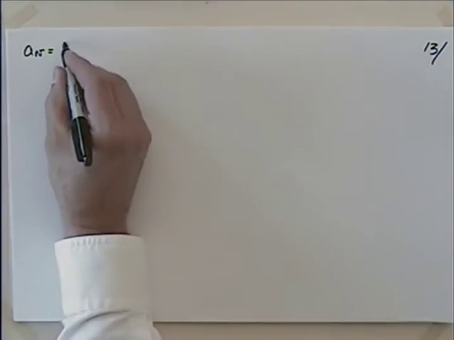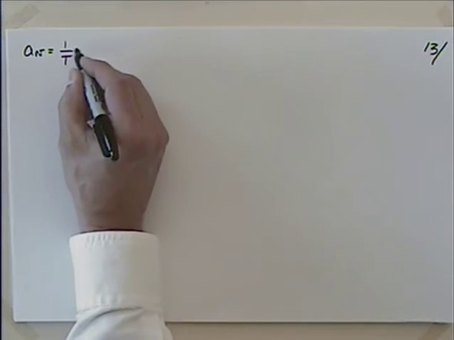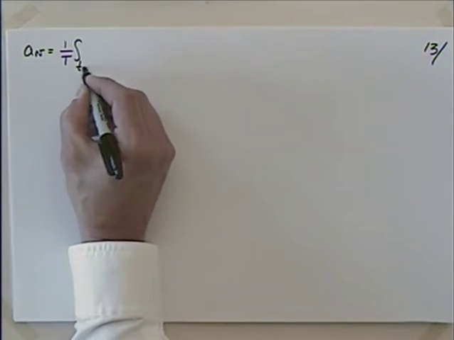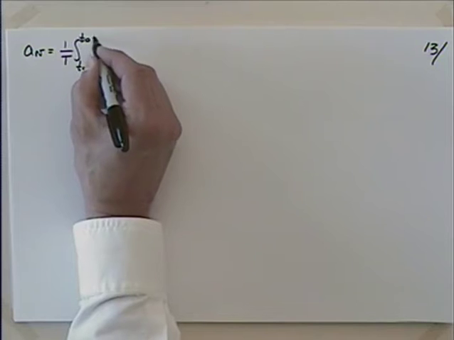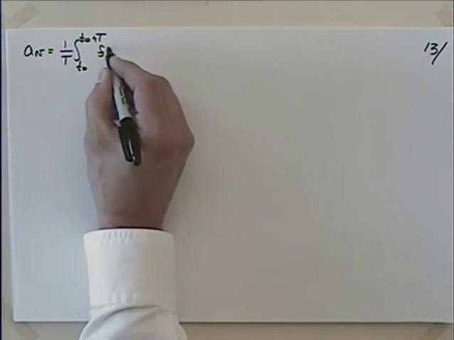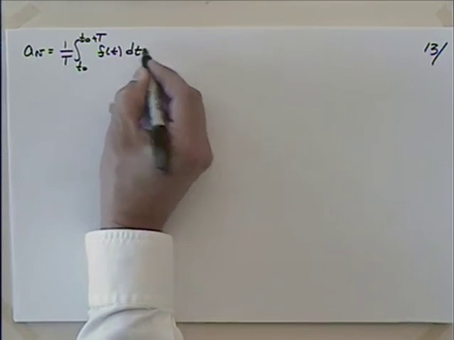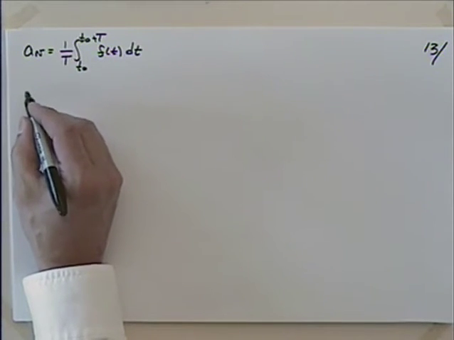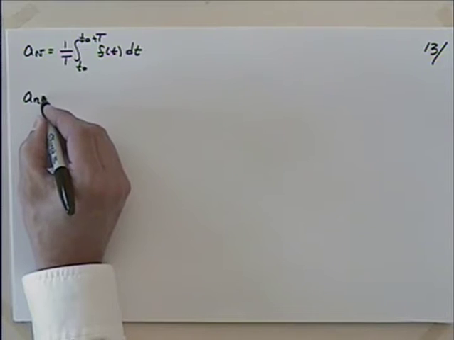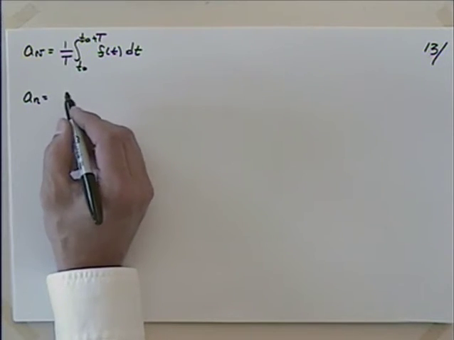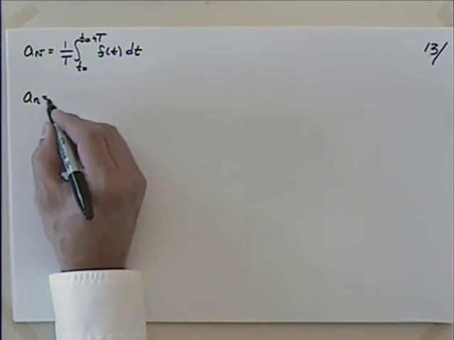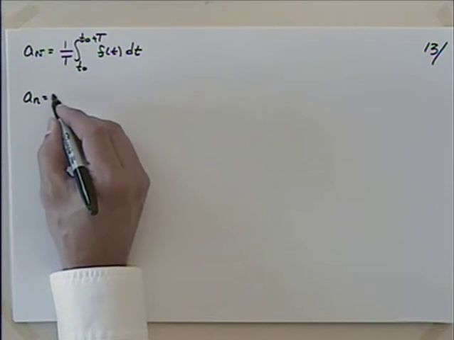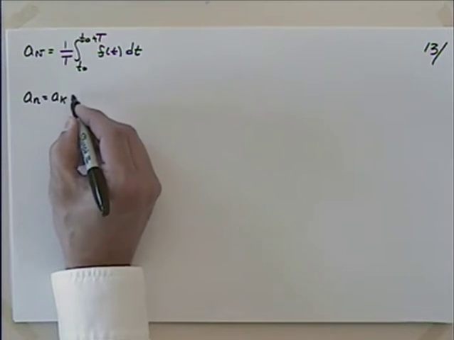And we can say that that's 1 over the period T times the integral from t naught to t naught plus T of f of t dt. So hopefully you can integrate the thing. Then we need to talk about a sub n, sometimes you give it the symbol a sub n, sometimes a sub k.